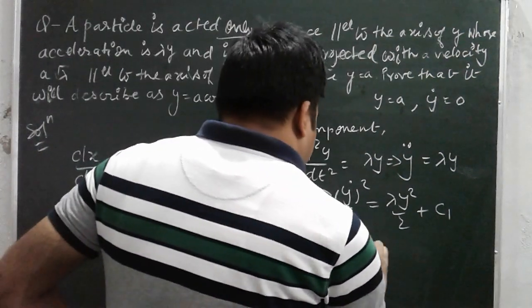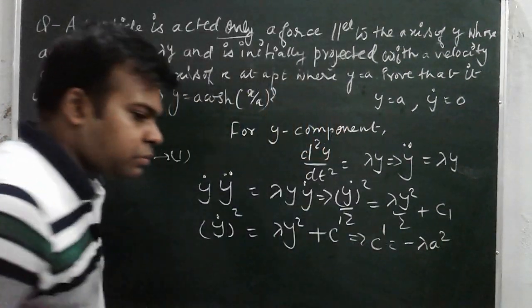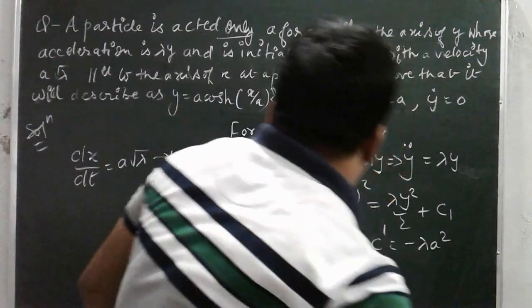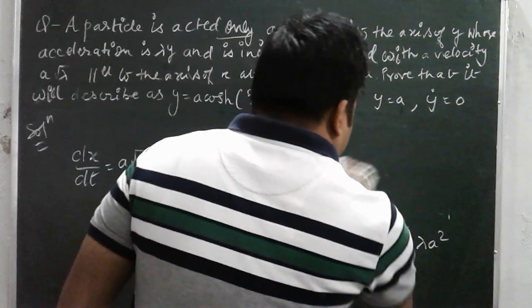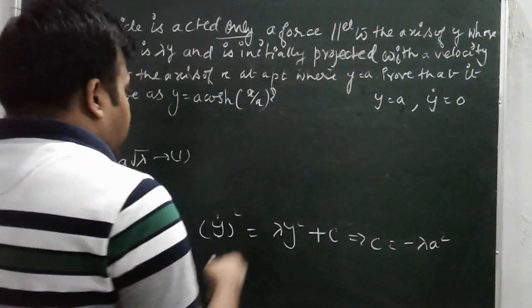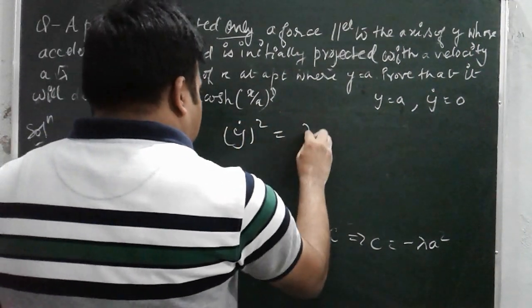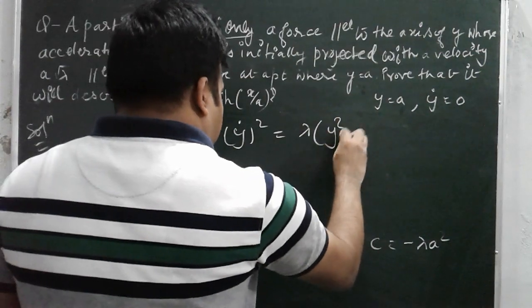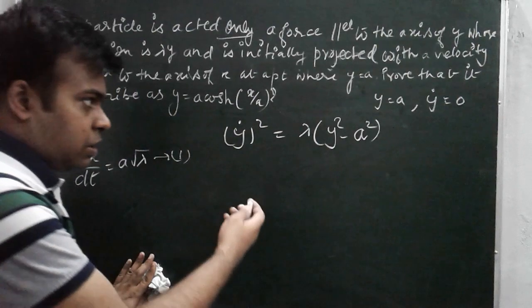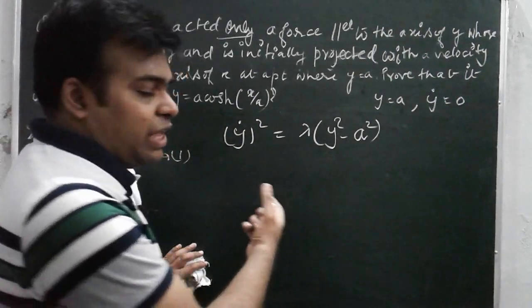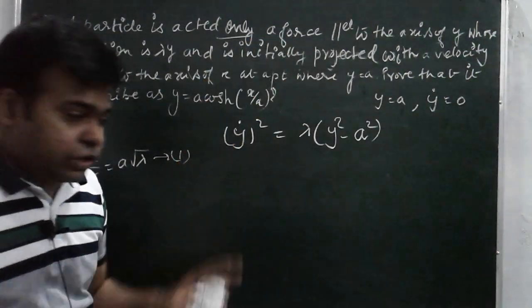So c dash turns out to be minus lambda a square. So the final equation we get is y dot whole square equals lambda times y square minus a square. This is the equation we get from these two conditions.